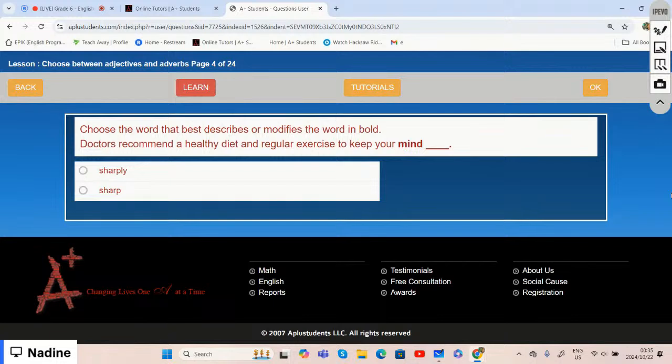It says doctors recommend a healthy diet and regular exercise to keep your mind sharply or to keep your mind sharp. Which one is correct?